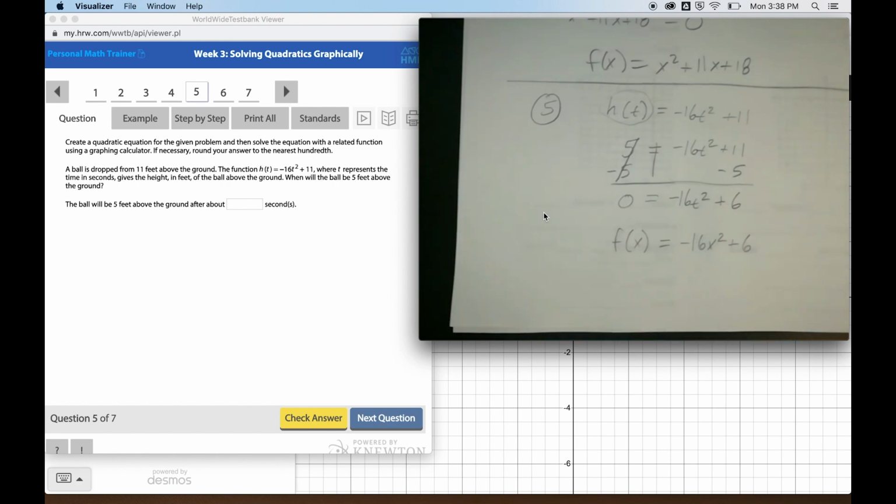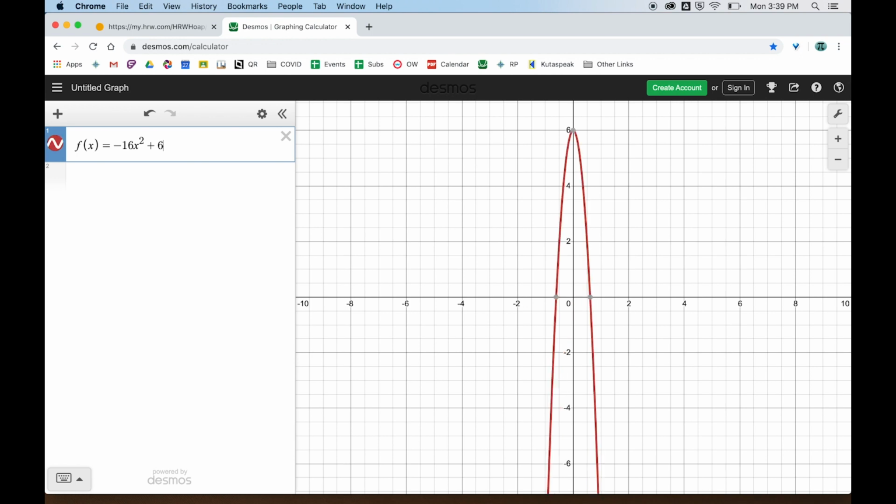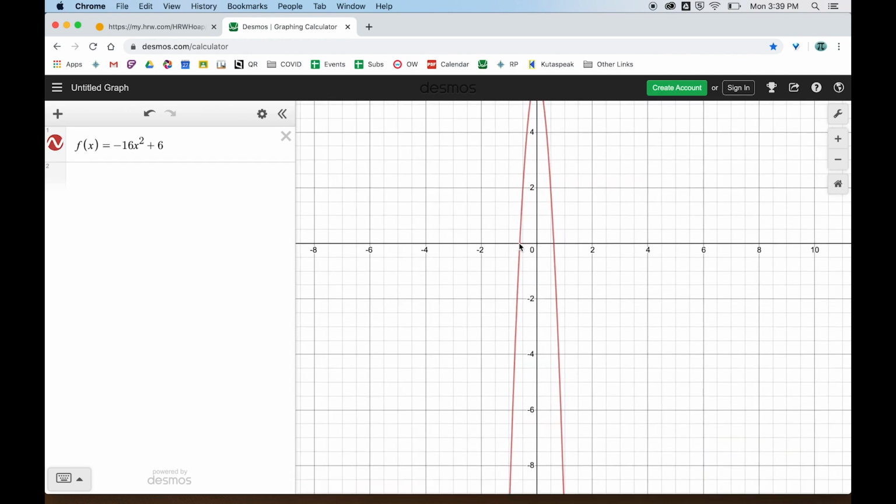Okay, let's go ahead and put that into Desmos now. We're going to put in that related function, f of x equals negative 16x squared plus 6. And what we're looking for is what the zeros are, okay? And there they are. We don't get great numbers here. They're rounded decimals.